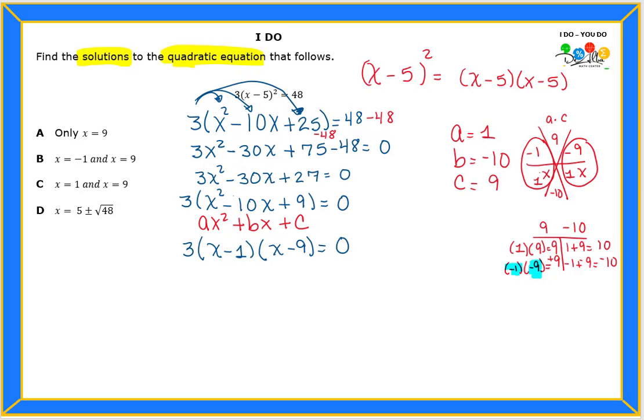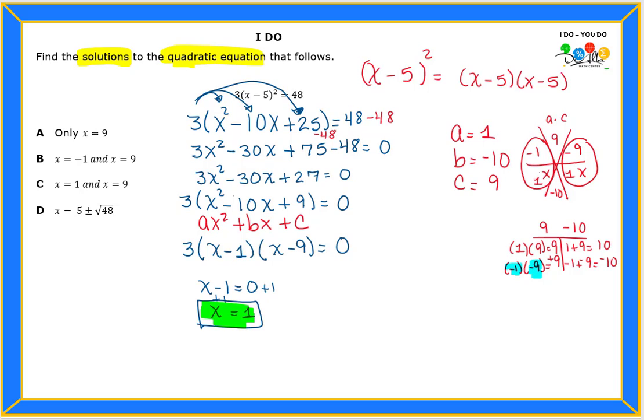Okay? So I'm going to say x minus 1 equals 0. And basically what I need to do is leave x by itself. So I am going to add a 1 on both sides. And that will give me x equals 1. So guess what? This is one of my solutions.